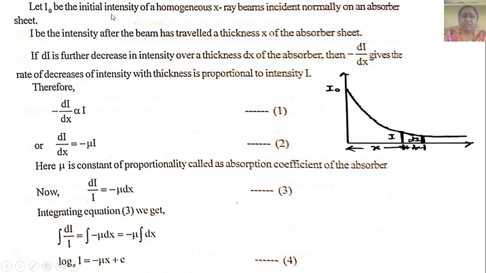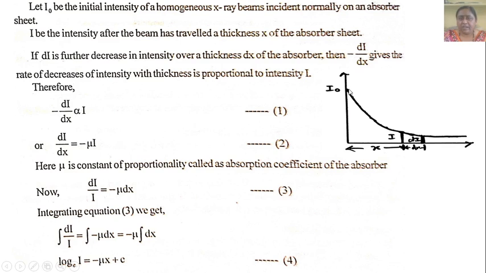Now see, let I0 be the initial intensity of a homogeneous X-ray beam incident normally on an absorber sheet, and I be the intensity after the beam has traveled a thickness x as shown in figure.